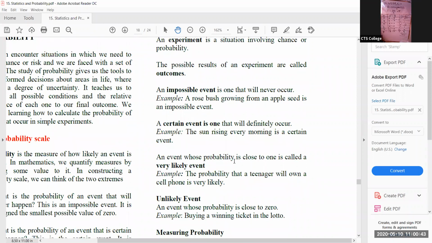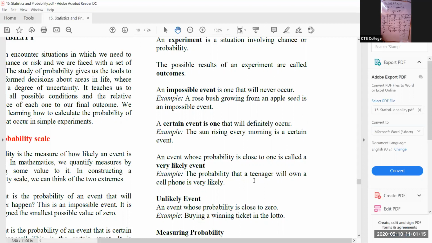An event whose probability is close to 1 is called a very likely event. So for example, the probability that a teenager will own a cell phone is very likely. So that's a very likely event. It's not a certain event because you're not sure your parents are going to purchase you a phone. A certain event is something that you know is going to happen regardless of what takes place. For example, the sunrise, that's a certain event.